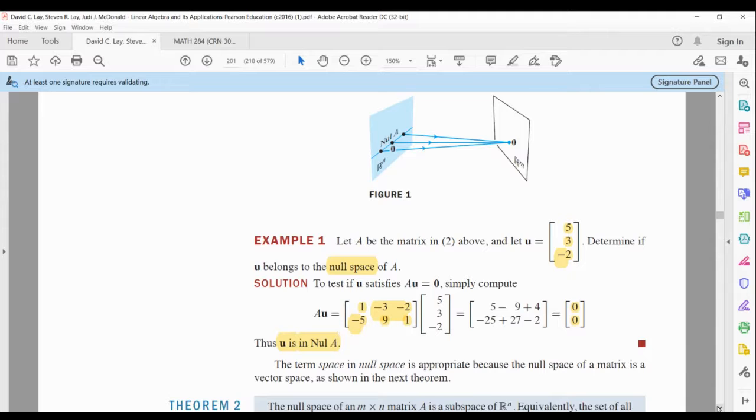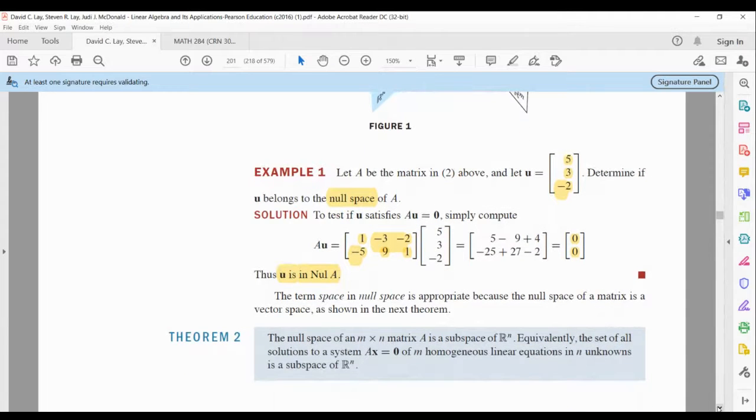They're saying in theorem 2 that the null space of a matrix A is a subspace of Rn. So they're saying that the null space is a subspace of n-dimensional space.